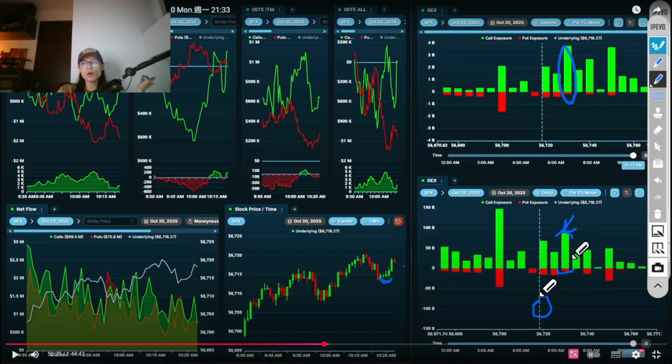Because the open interest, there is a decent amount of open interest. So that's why we multiply the delta of the 6730 over here by the open interest amount, and we get a bigger number of exposure. So that's why. Okay, open interest over there, we have a decent amount of it.